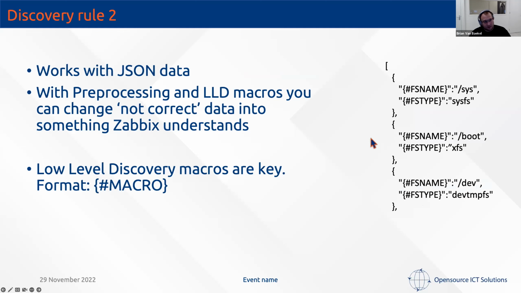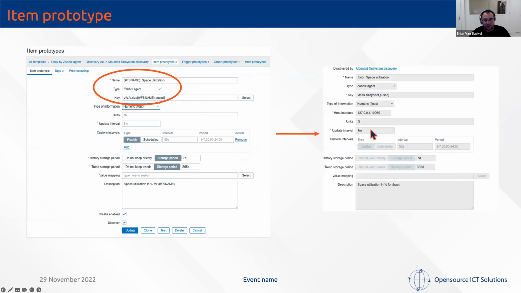So if we go to the next slide, we can already see what's going on. In the name here, we see that the macro is used, fs name space utilization, and that's to make things dynamic. This is the item prototype. Discovery rule will be executed, and once it is executed, it will discover entities and create items per entity.